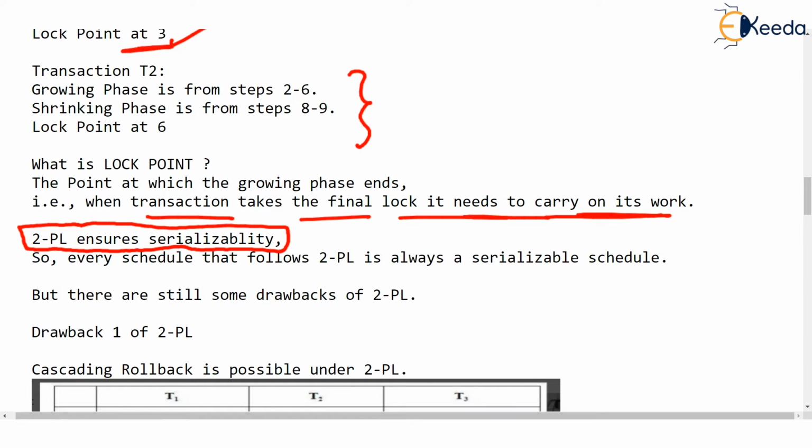That means it is equivalent to one of the serial schedules. This is very interesting because we want that concurrent schedules must be serializable. If they are serializable, then they are equivalent to some serial schedules, and we know serial schedules are always consistent.